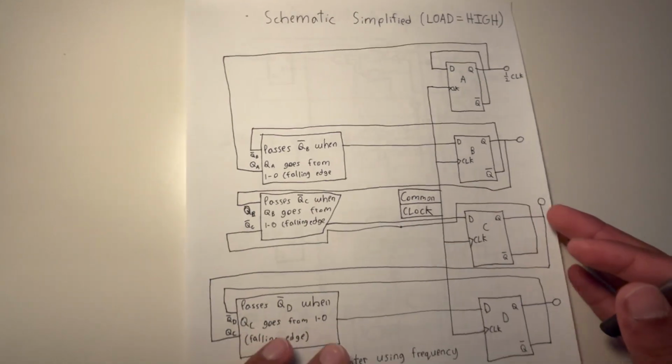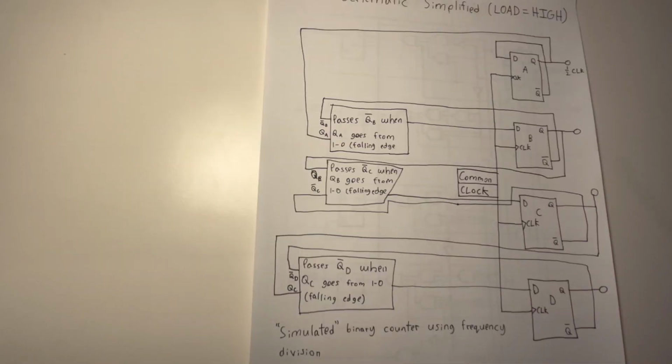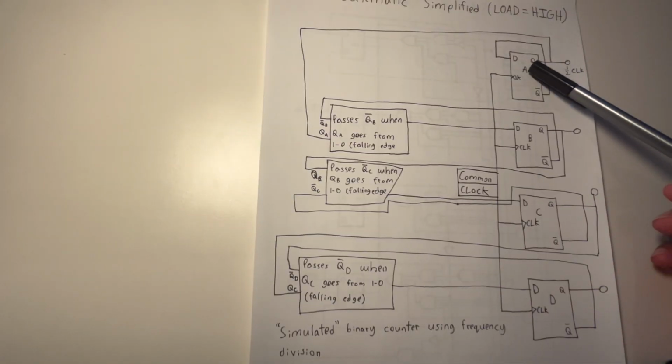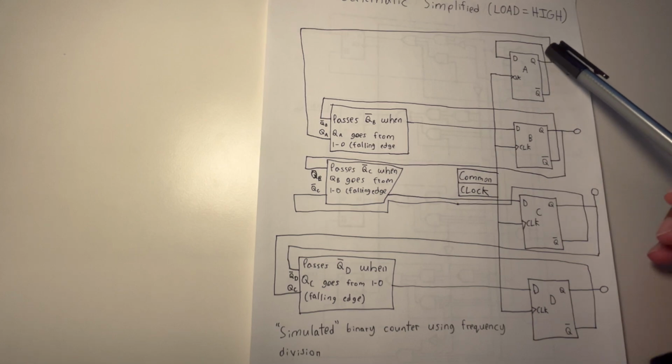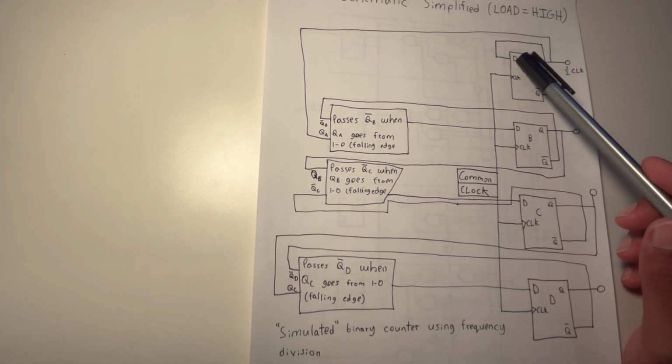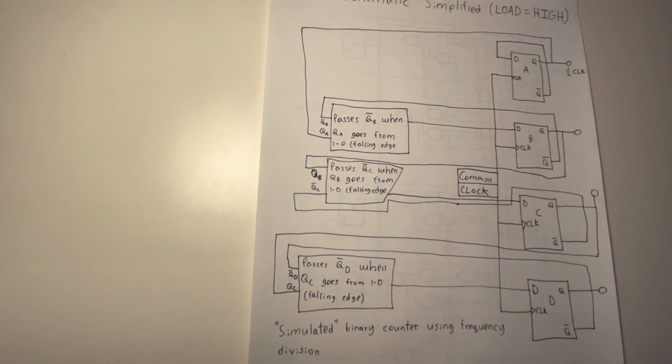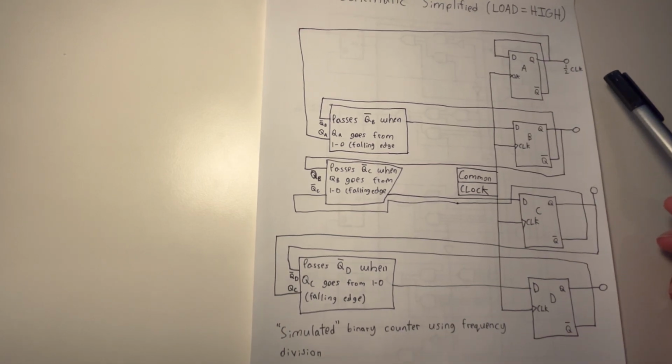So here's a quick breakdown of the schematic. Essentially, the first flip-flop, which controls QA, is wired exactly as it was in the previous example. The Q bar output is directly attached to the D input. And so this divides the clock signal by 2, as we know.